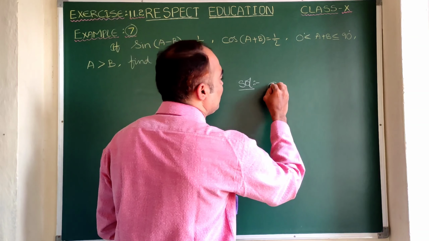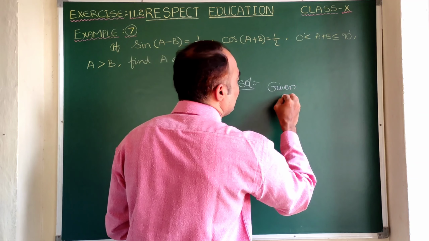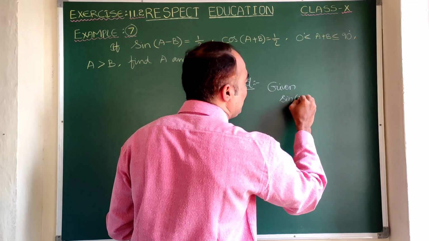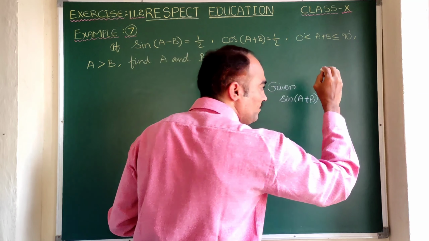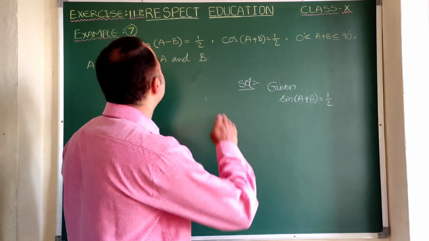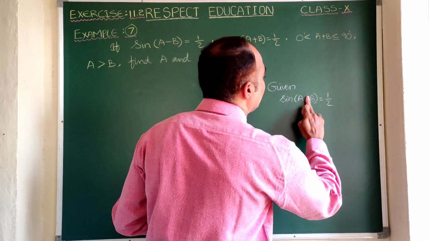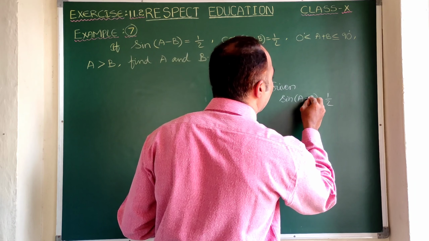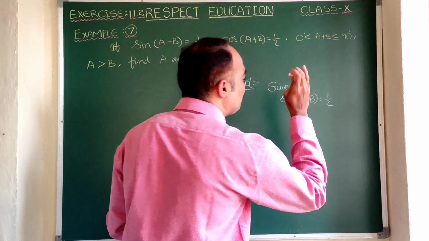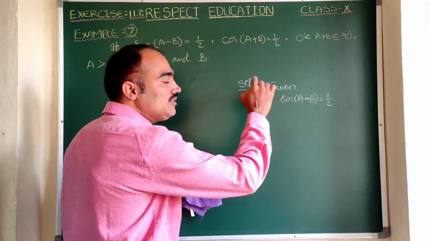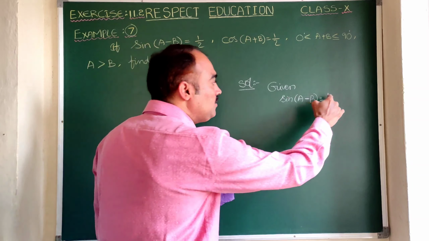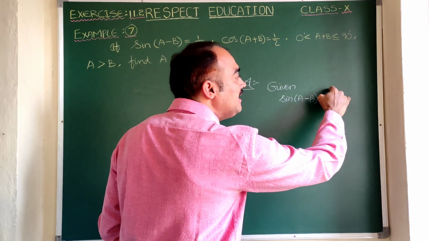Given sin of a minus b is equal to 1 by 2. Here you observe carefully that this side it is in the ratio of trigonometric ratio sin. So try to think which value of sin is 1 by 2.